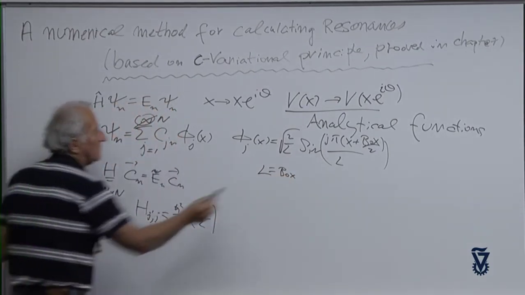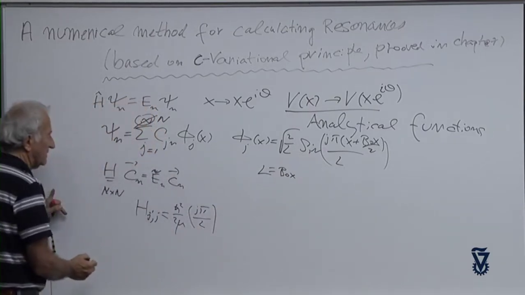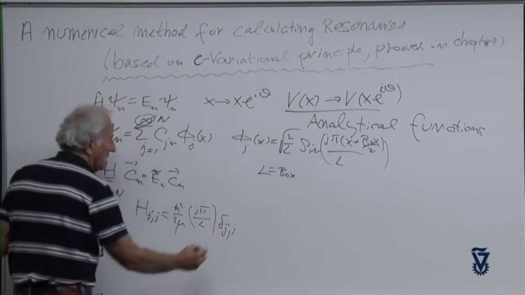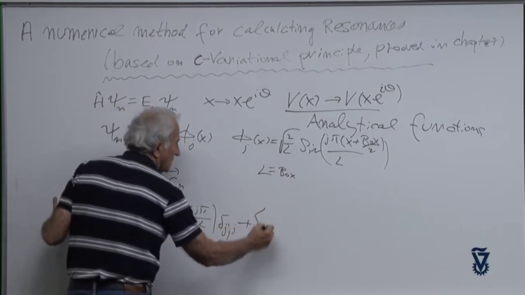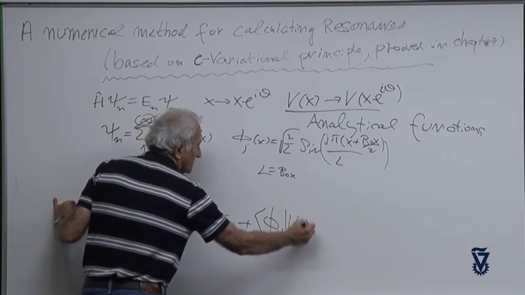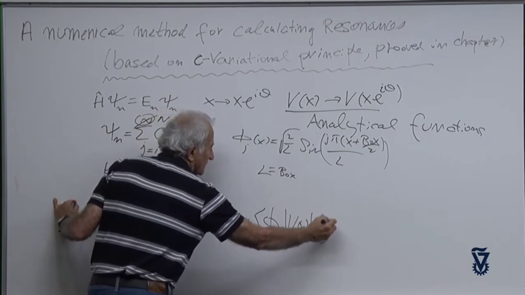So I could put here L over 2, but it doesn't matter. And here is δ_{j'j} plus ⟨φ_j'|V(x)|φ_j⟩.